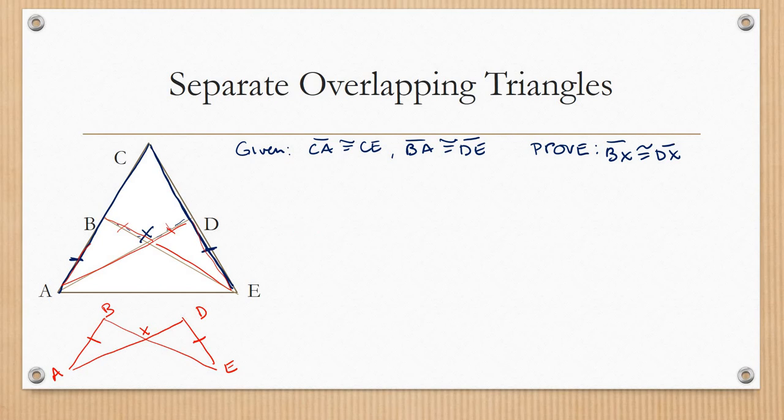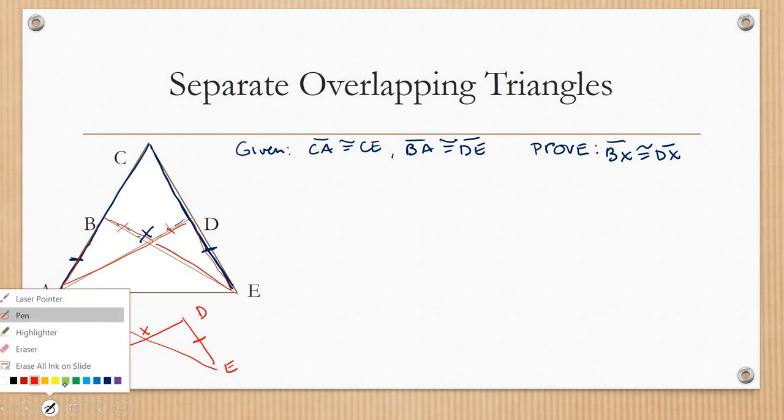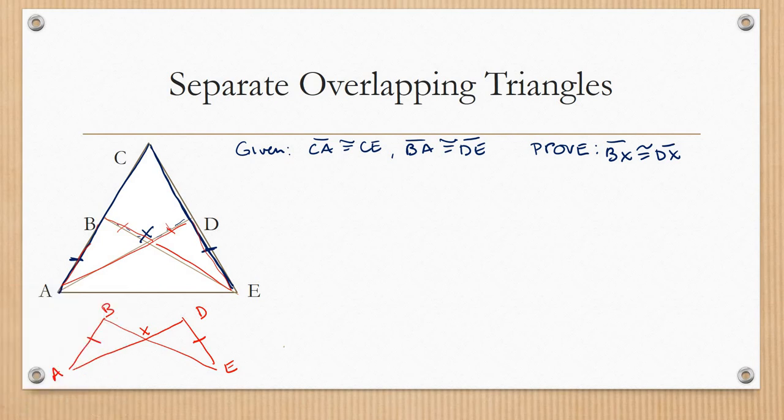And this is where sometimes it's tricky pulling out what pieces you need. But I am going to look at triangle ABE. I'm going to change colors. So I'm going to pull out ABE and triangle DEA.